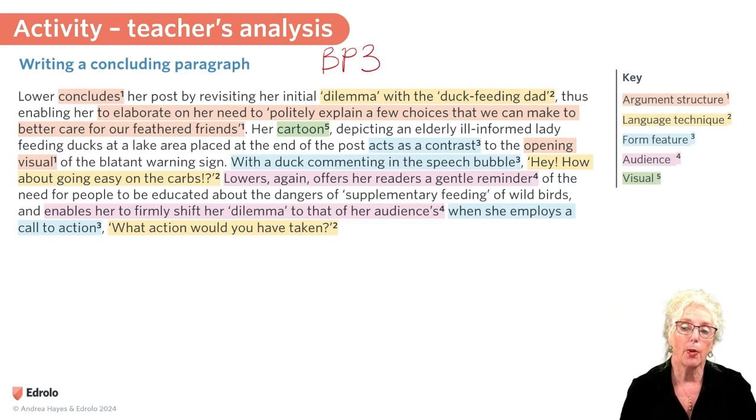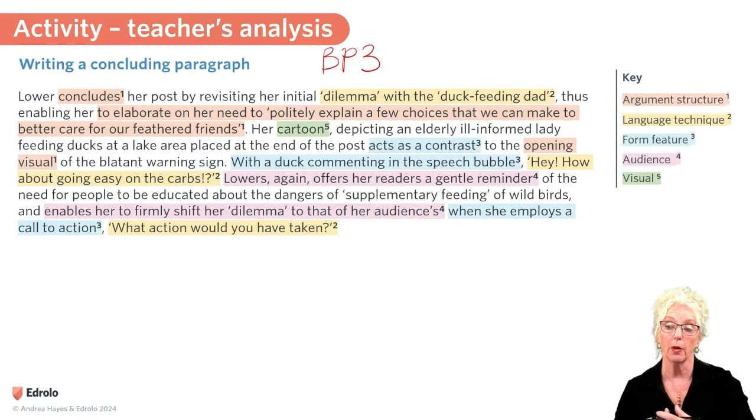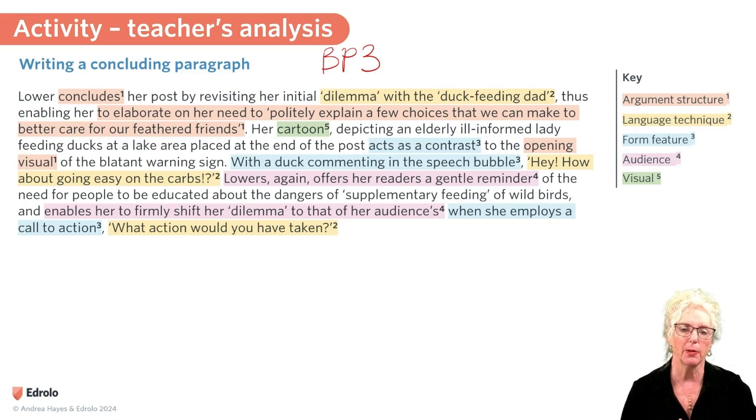Lola concludes her post by revisiting her initial dilemma with the duck feeding dad, thus enabling her to elaborate on her need to politely explain a few choices that we can make to better care for our feathered friends. Her cartoon, depicting an elderly, ill-informed lady feeding the ducks at the lake area placed at the end of the post, acts as a contrast to the opening visual of the blatant warning sign, with the duck commenting in the speech bubble, hey, how about going easy on the carbs?